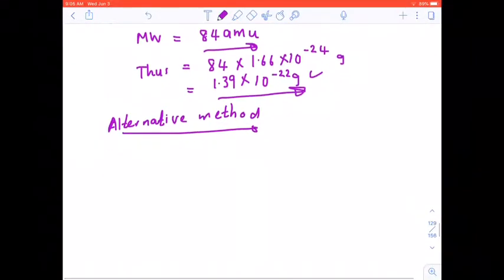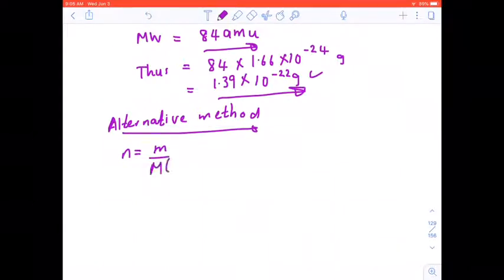So we could say, okay, we know that n is equal to mass upon molar mass of NaHCO3, right?